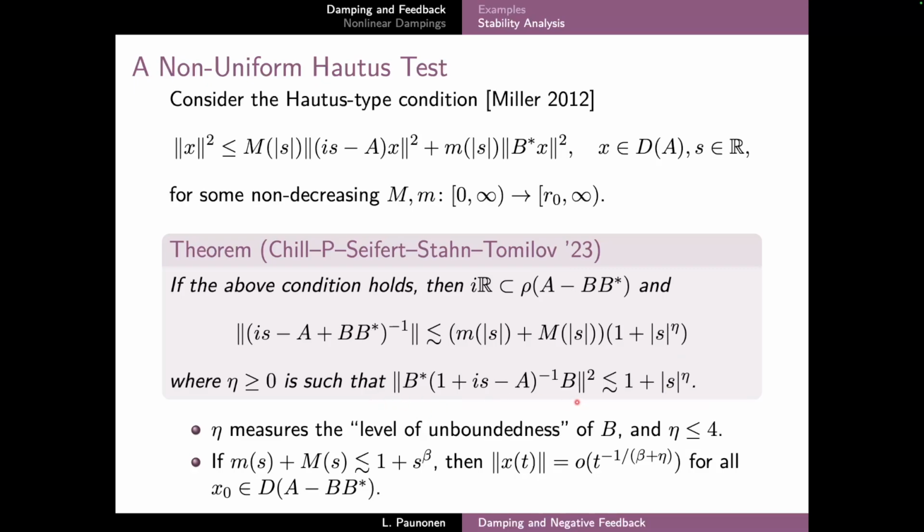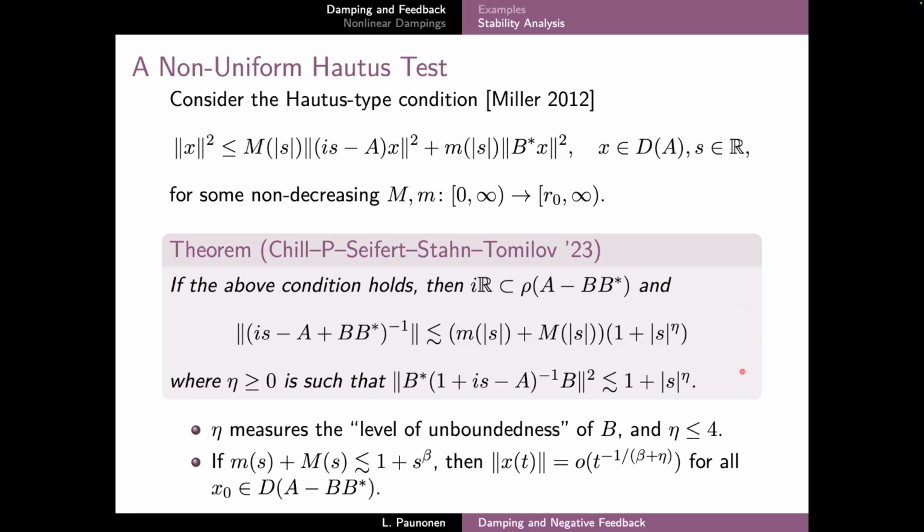And then also in the case of many unbounded operators B, we can still use eta equals 0. But for instance, in the case of wave equations, we know that eta cannot be 0, but instead we have to have a positive value. But in all cases that we can consider, eta is always at most 4.